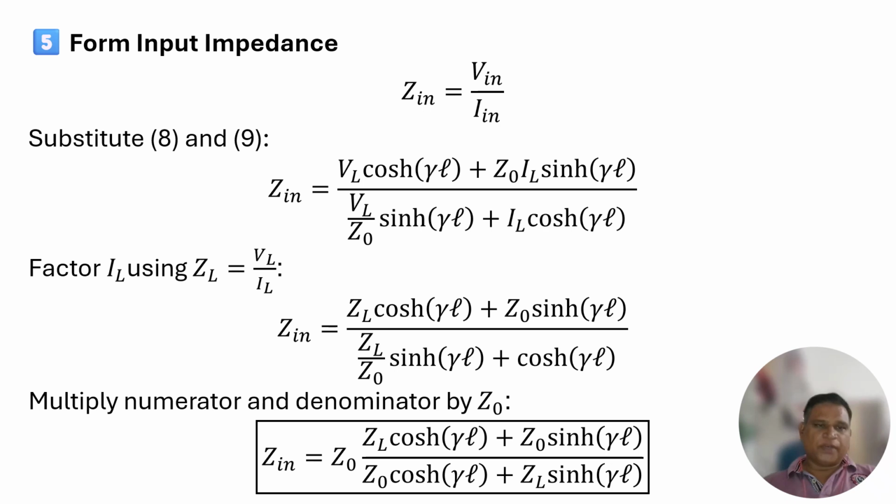By substituting equation 8 and equation 9 in the above equation, we will get this expression, and factoring out IL using ZL is equal to VL by IL, Zin is equal to ZL cos hyperbolic gamma L plus Z naught sin hyperbolic gamma L, divided by, similarly here, (ZL by Z naught) sin hyperbolic gamma L plus cos hyperbolic gamma L.